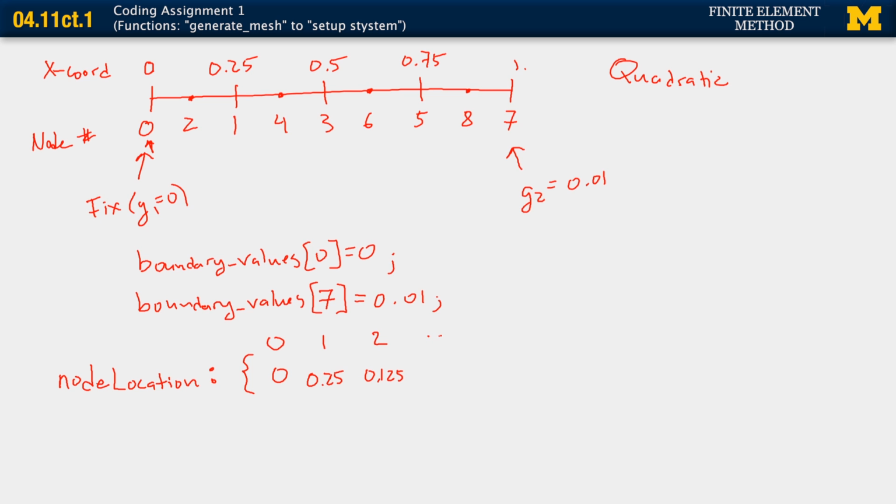And that goes on until node 7, which has a value of 1, and then node 8, which would have a value of 0.875. Those are the entries in node location. You can see it has a size of 9, which is of course equal to the number of nodes in the system.